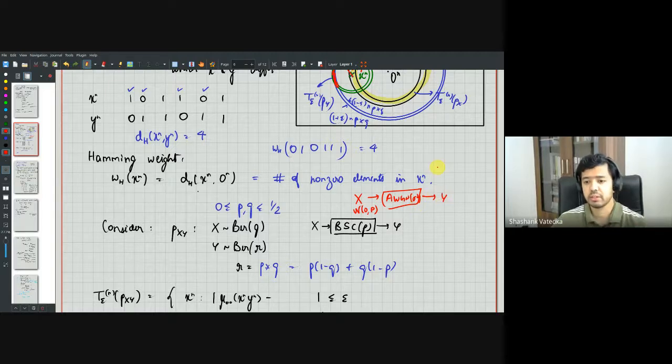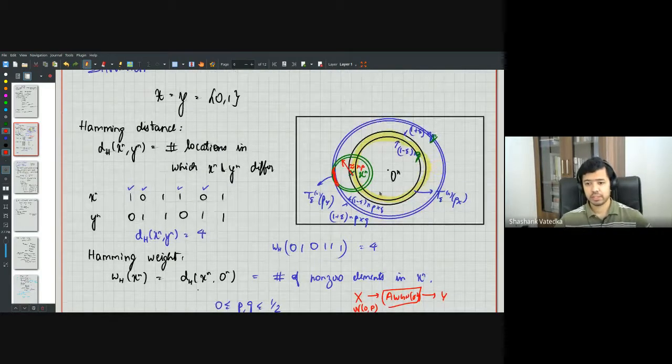Then xn is going to lie within some small shell of radius np. Yn will lie in some thin shell of radius n times p plus sigma square, and conditioned on an xn, yn is going to lie within some other thin shell of radius n sigma square from xn.